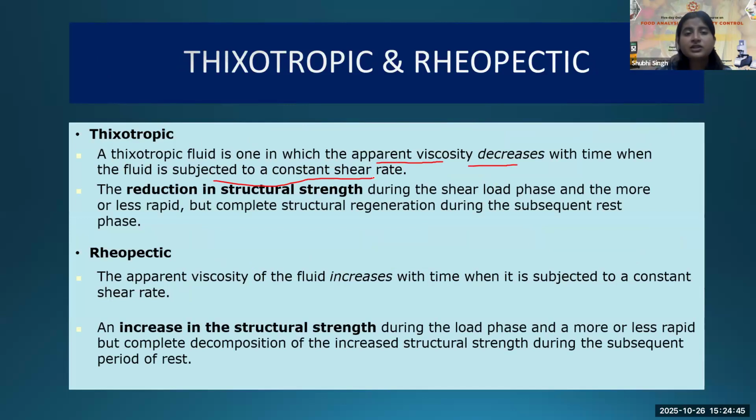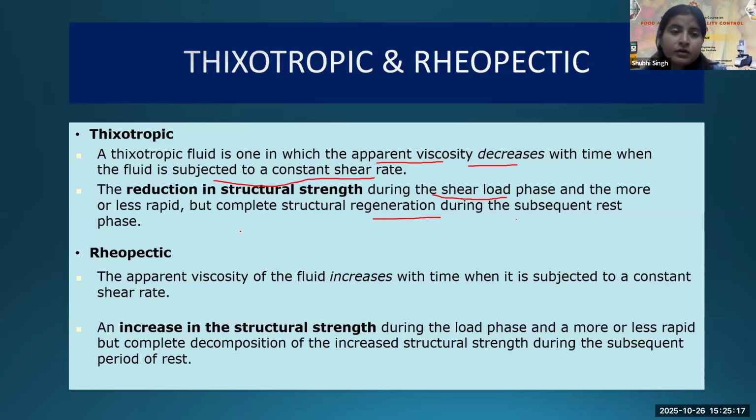There is a reduction in structural strength during the shear load phase, and then a more or less rapid but complete structural regeneration during the subsequent rest phase. So after applying the shear rate, the structure will regenerate, and the particles and molecules will realign themselves. Those liquids are known as thixotropic liquids.